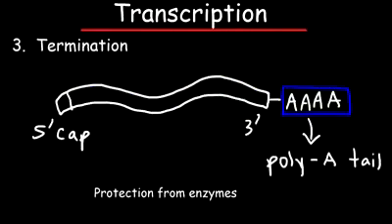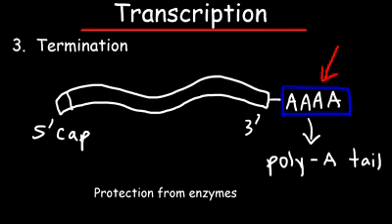Now, during the last step of transcription, which is the termination step, the RNA polymerase molecule and the mRNA strand all separate from the DNA template strand. Now, in this step, the poly A polymerase enzyme caps the 3' end of the mRNA strand, and this is known as the poly A tail.